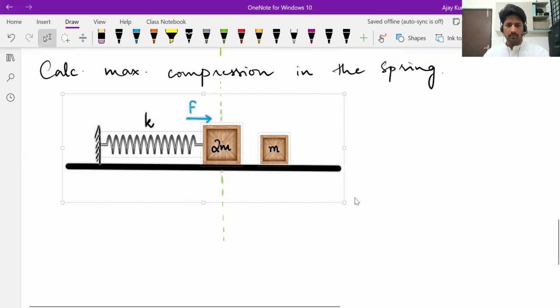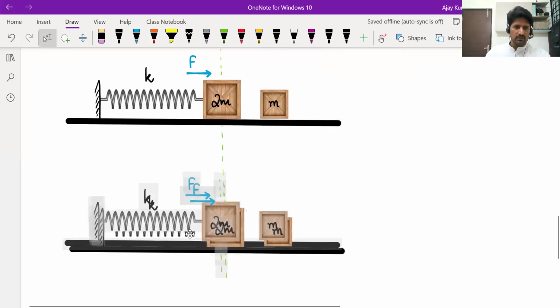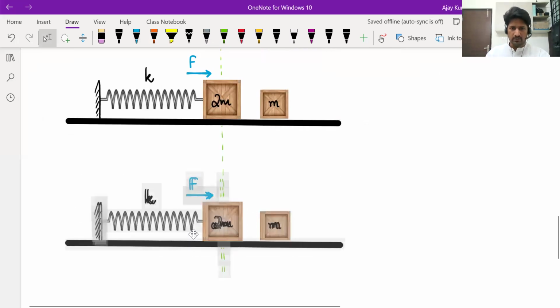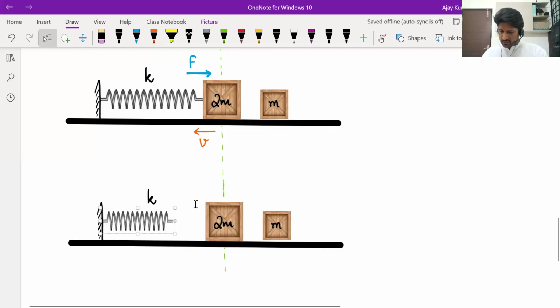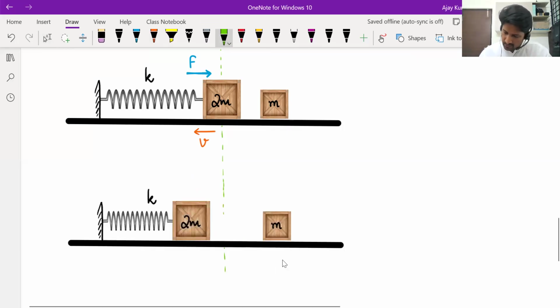After that also the motion will be there, but we are going to consider only till that point. 2m is still moving with some speed we don't know. And if it's still moving, then the spring compresses a little further. And if the spring compresses further, spring force will increase further. And due to spring force, 2m will have to stop somewhere. That's what we call the maximum compression in the spring.